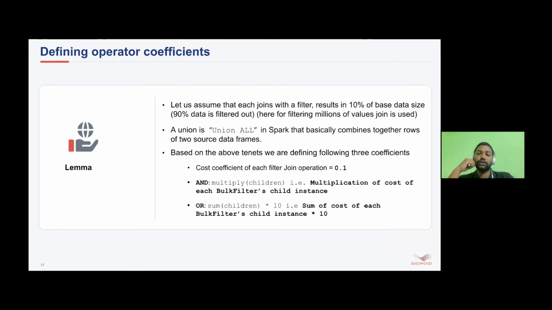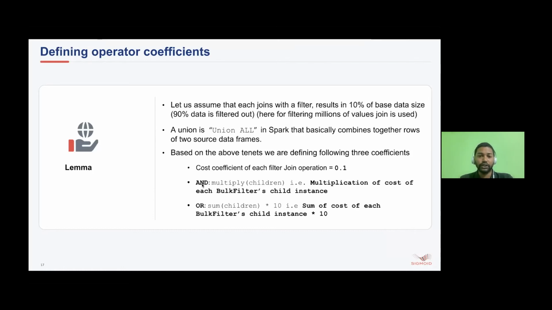Whenever there is only a projection filter where only a join is applied, we will give it a coefficient of 0.1 as only 10% of data is kept. But when there are nested queries which have operators, like AND, OR, how could we give the cost?